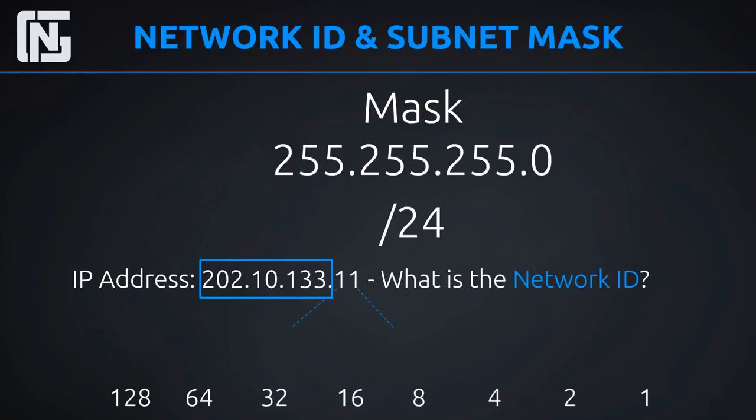We could break out that last octet, but we don't need to, because our last octet in the mask is a 0, so we don't even need to look at it. Our network ID is exactly what we see in the first 3 octets. So our network ID, guys, is 202.10.133.0 with the /24 in CIDR notation.